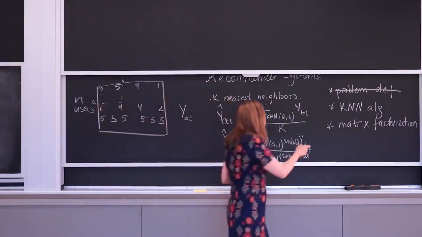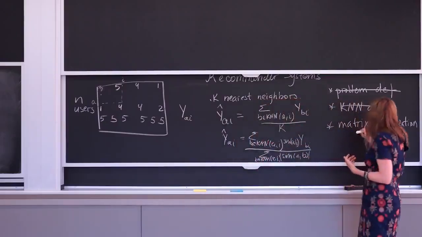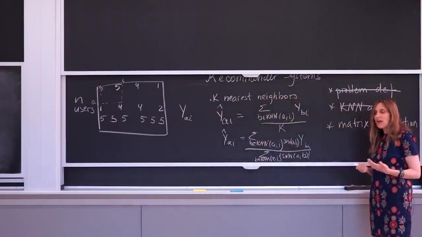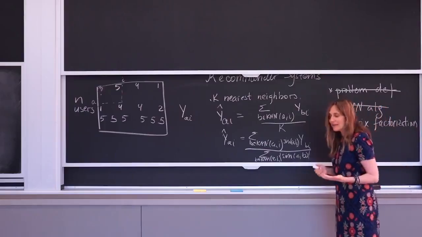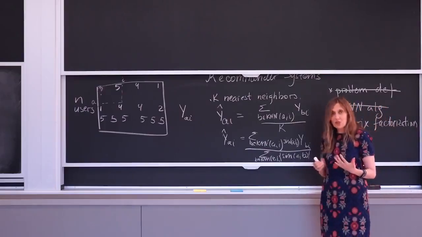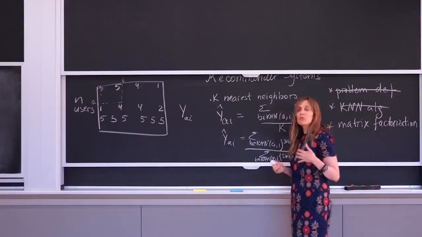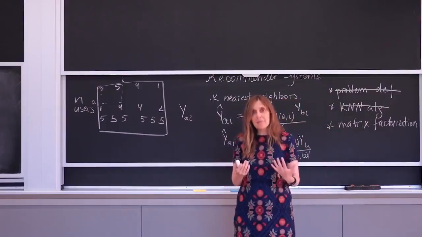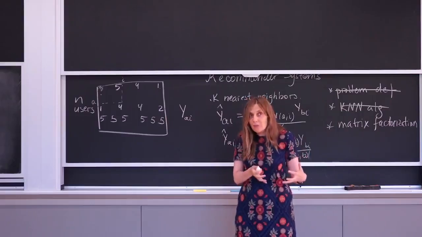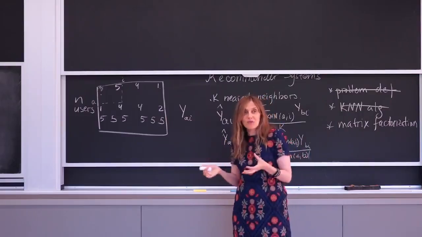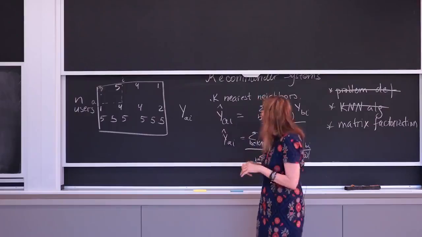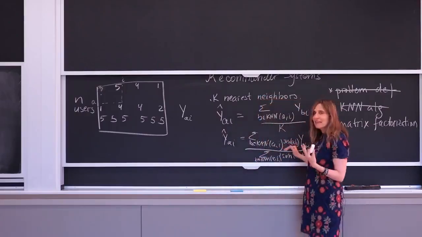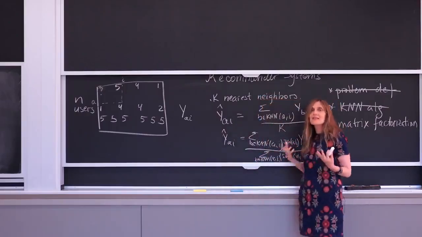So when we move on from k nearest neighbor, we are going to go to a new approach, which goes by the name collaborative filtering or matrix factorization, where the algorithm would be able to detect these hidden groupings among the users, both in terms of products and in terms of users. Then you don't have to engineer a very sophisticated similarity measure.